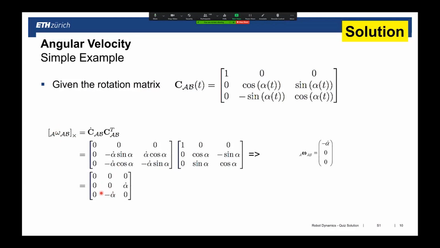And you see that here we have the minus x entry, and here we have the x entry, and here we have the minus x entry. So if I have omega, I get the minus alpha dot in x direction. And that's it.